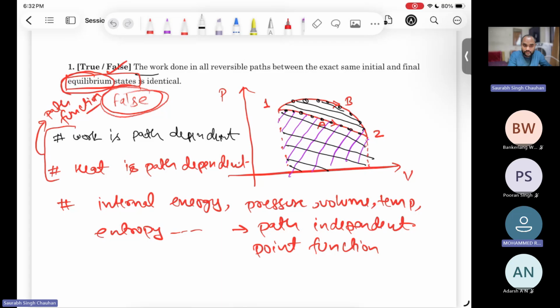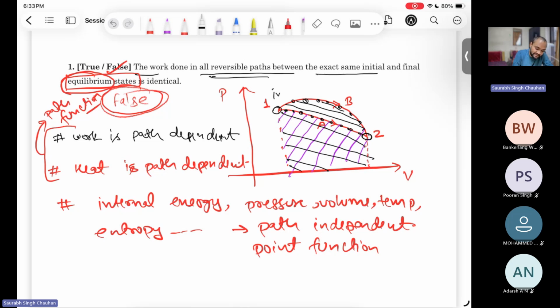So does this work and heat statement hold true or not? This is false. For any process, reversible path, will this hold or not? This is saying that there are several reversible paths which can connect these two states, initial and final.